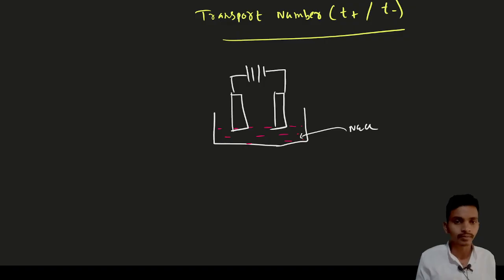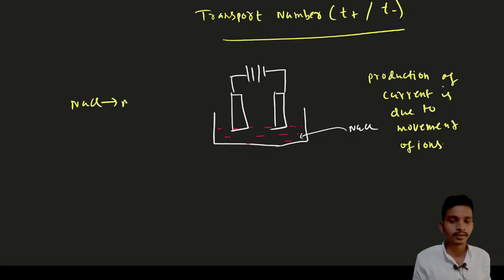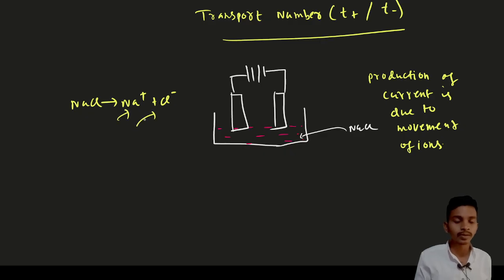We know that the production of current is due to movement of ions. Let's say for NaCl, there is Na plus and Cl minus. So these are the ions. If these ions move, then due to the movement of these ions, current will be produced.